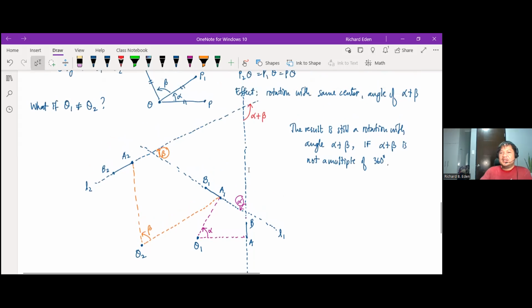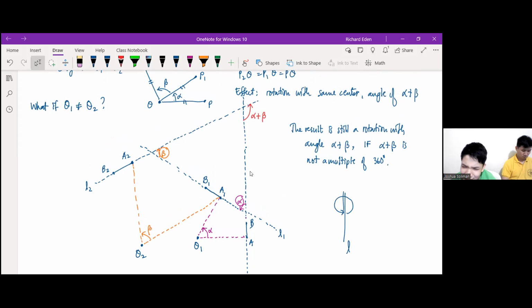Let's say this is the original line L. Then we rotate it 360 degrees. So you'll be going in a complete revolution. And that would mean it will totally coincide with L itself. All right.